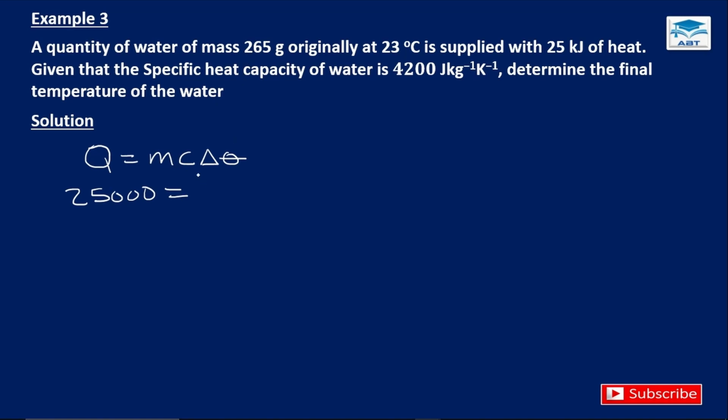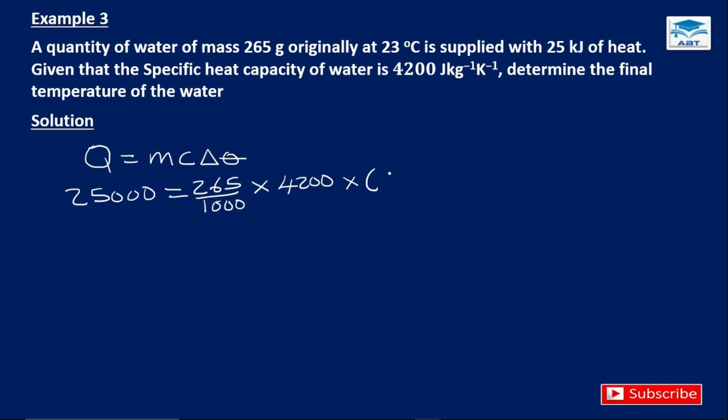So the mass is 265 grams. We divide by 1,000 to change it to kilograms. And the specific heat capacity is 4,200 joules per kilogram per Kelvin. And now the temperature change. The initial temperature is 23 degrees Celsius, but we don't know the final temperature.